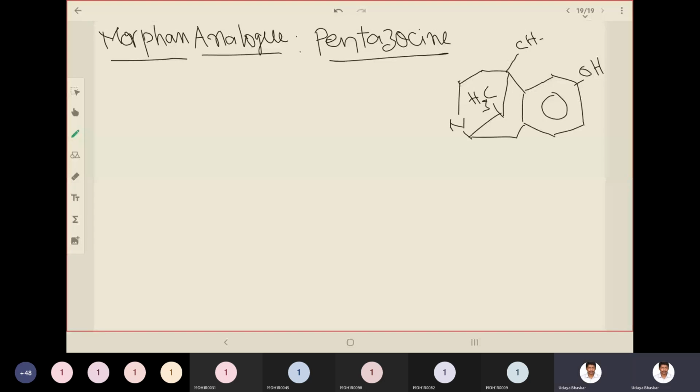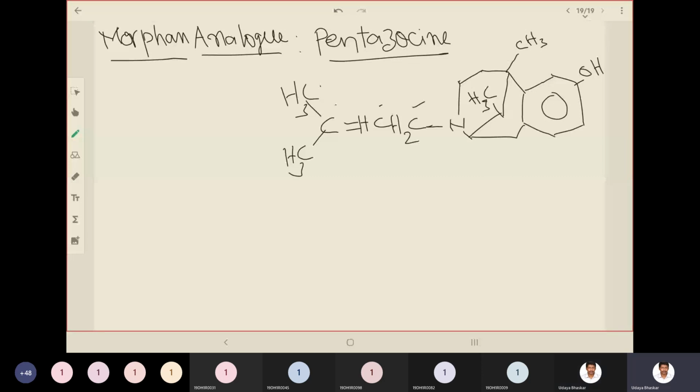Okay, and this nitrogen is having a substituent that is C double bond C, having two methyl. So 1, 2, 3, 4, 5.